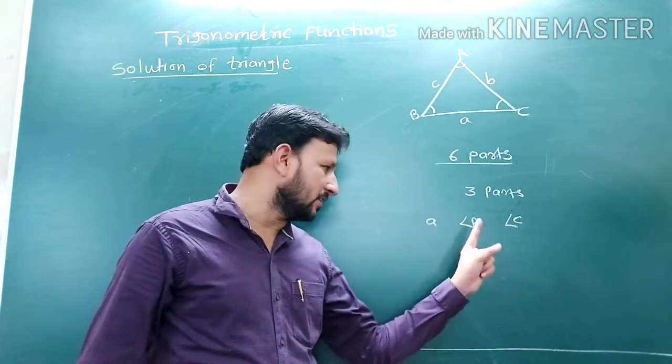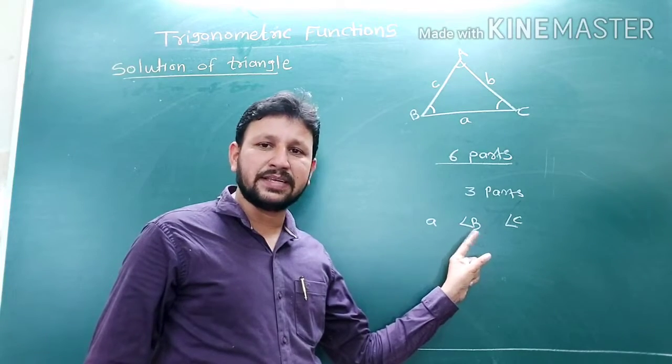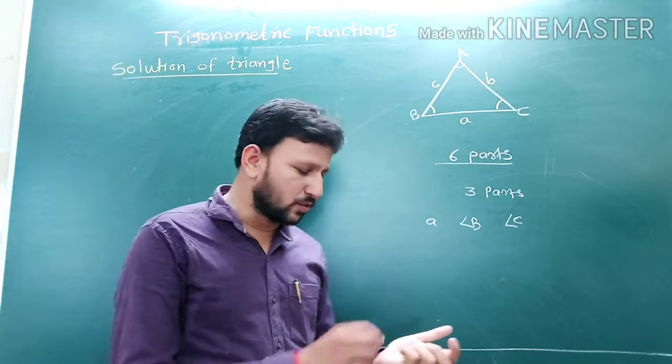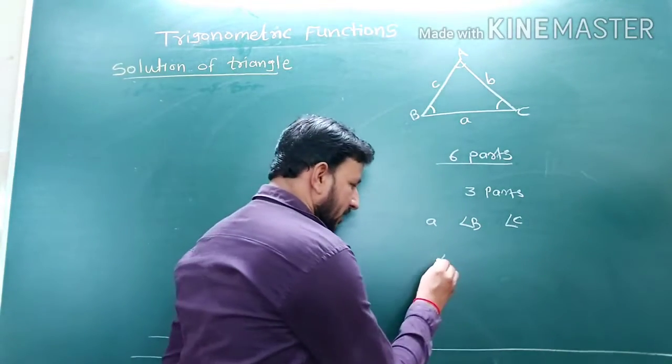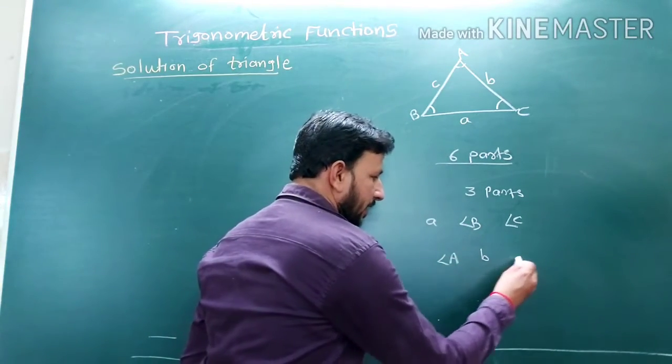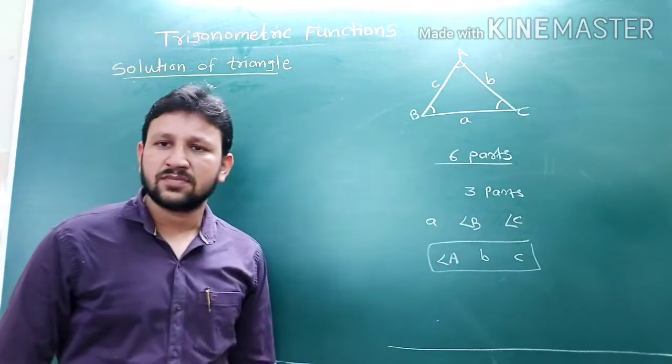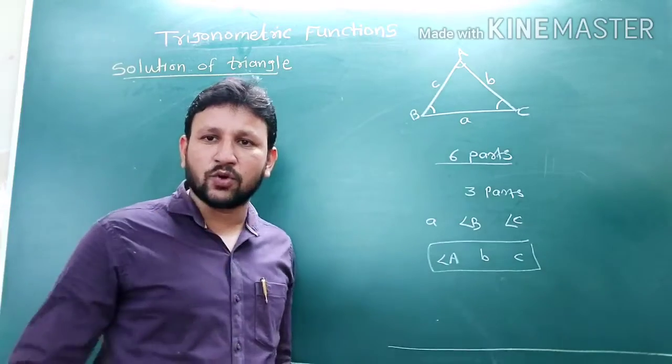The remaining 3 parts are the other 2 side lengths, b and c, and one more angle, that is angle A. So we are calculating angle A, side b and side c. This is the target. One side must be known.